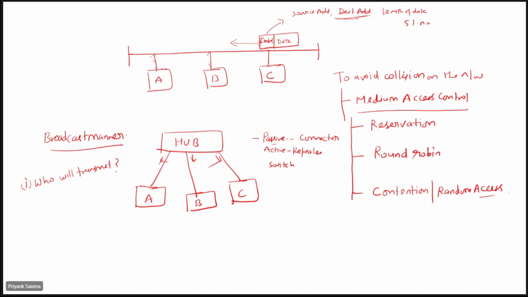All those things we will discuss, but the question remains that when there are many contenders, which station will be given a chance to transmit. This is taken care of by a protocol named medium access control, MAC. The MAC protocol decides who will transmit first, right?